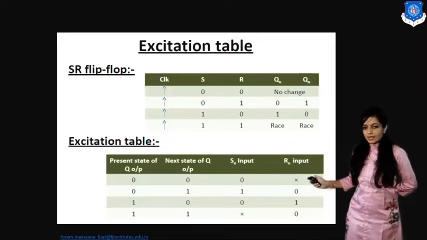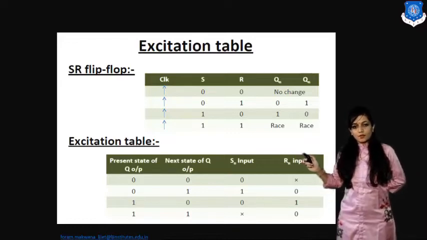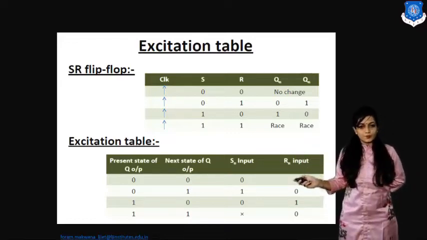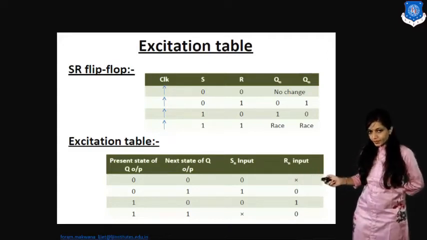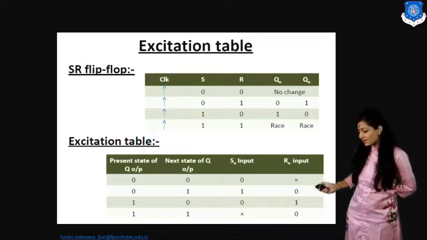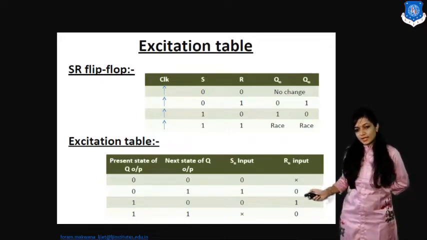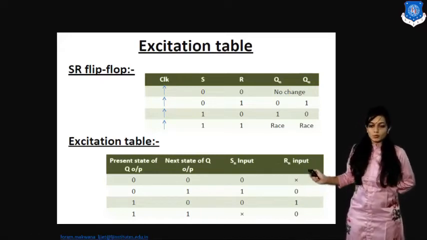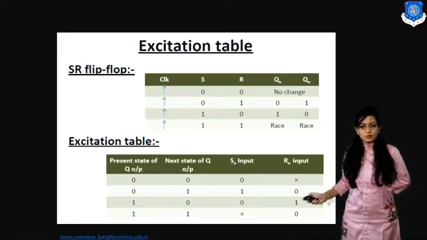So for S and R, for Q is equal to 0 and Q of n plus 1 is equal to 0, S is 0 and R is cross. For Q equal to 0 and Q of n plus 1 equal to 1, the flip-flop will be set, so S is equal to 1, R is equal to 0.